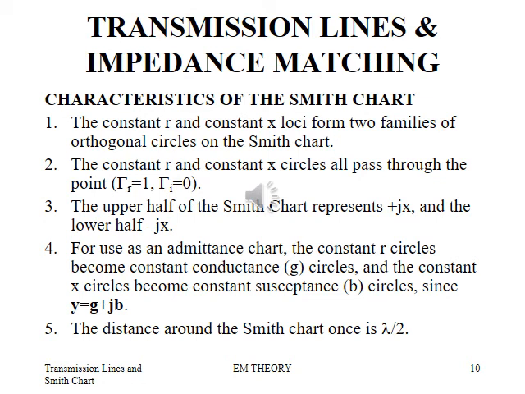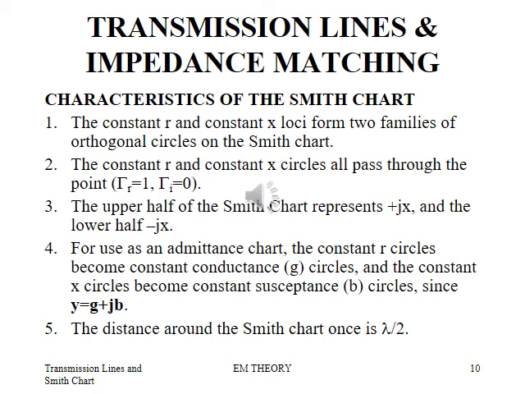Now the constant r and constant x circles all pass through the point gamma r equal to 1, gamma i equal to 0, which is at the rightmost portion of the Smith chart. So along the straight line, where the outermost circle crosses the straight line to the right, that is gamma r equal to 1, gamma i equal to 0. So all constant r and constant x circles pass through that point.